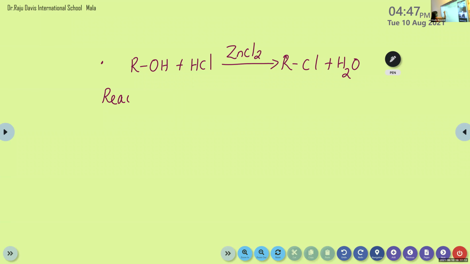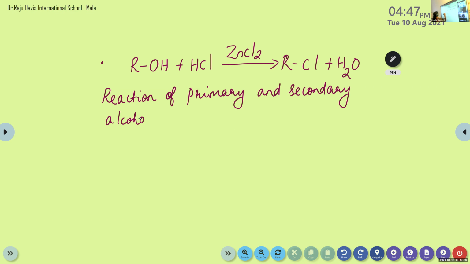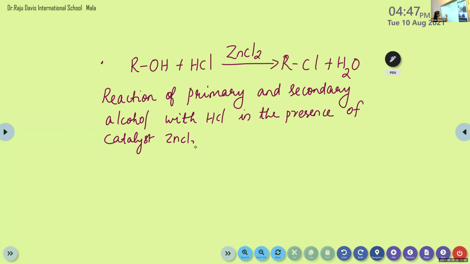Reaction of primary and secondary alcohol with HCl in the presence of catalyst zinc chloride, alkyl halide is obtained.